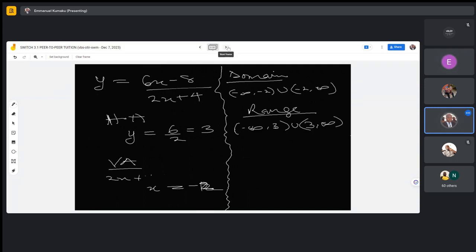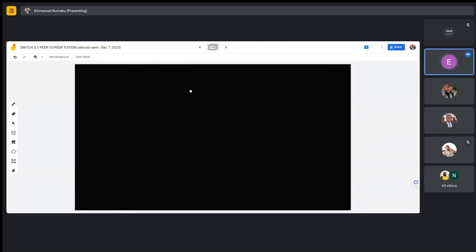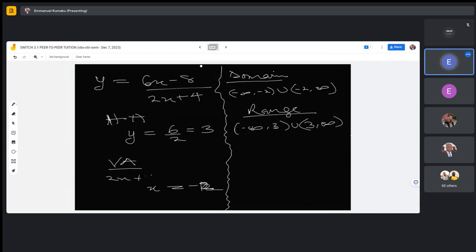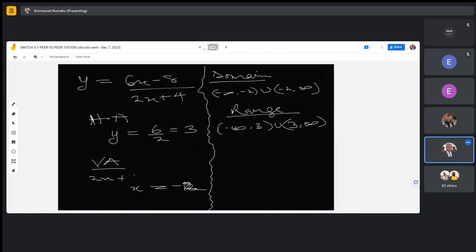Then let's look at the sketch. We want to sketch the curve, the graph. You first have to draw your axes, our y-axis and x-axis, and indicate our asymptotes.